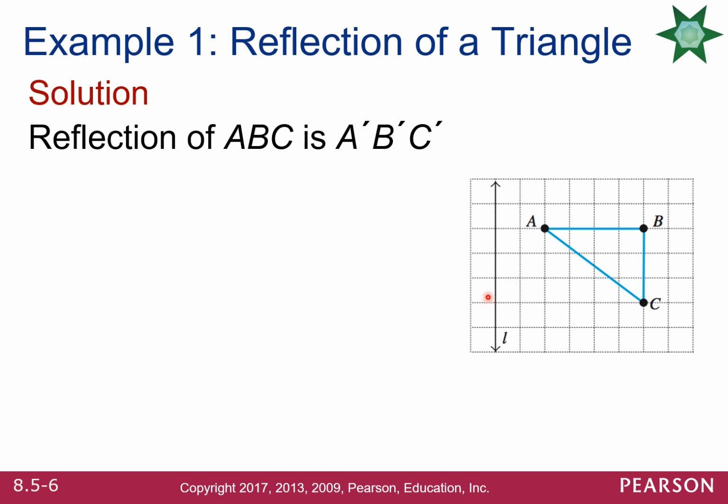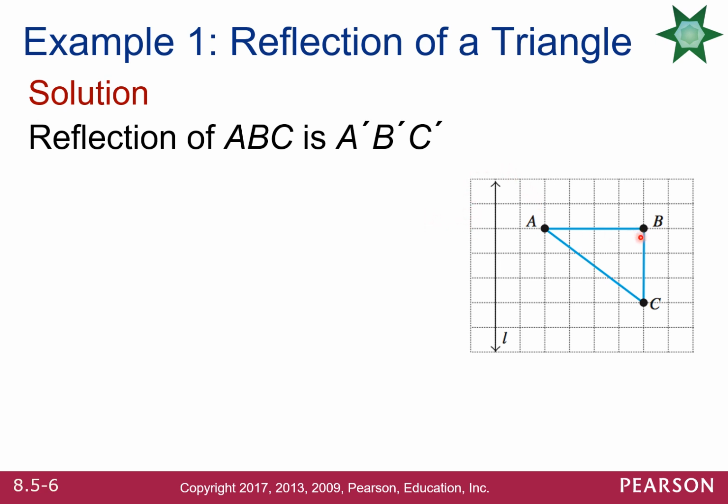Now, by the rule of equidistance, the point is going to be reflected exactly the same distance from the axis to the left. So currently on the right hand side, point A is located 2 units to the right. When we reflect it, it's going to be exactly 2 units to the left.